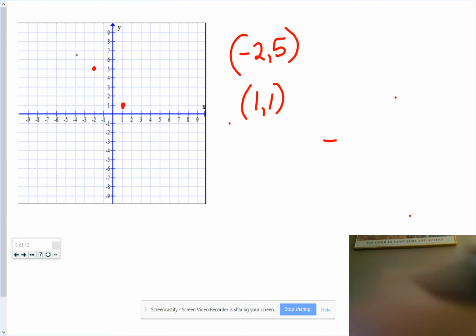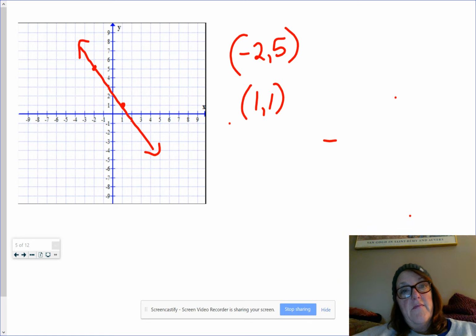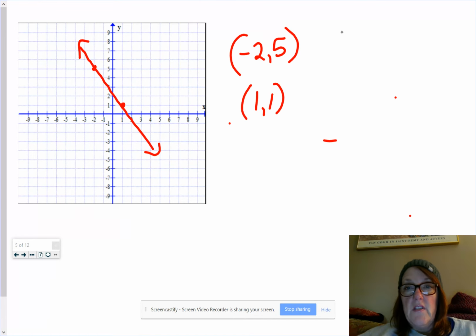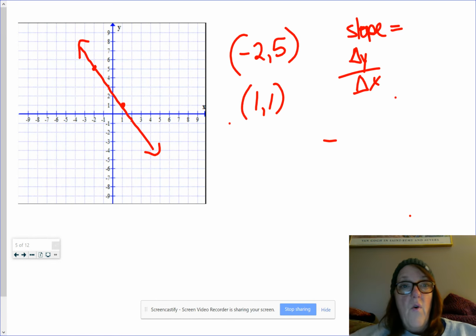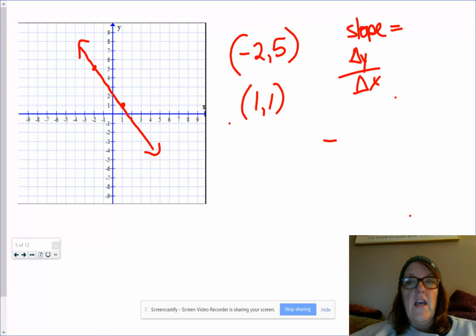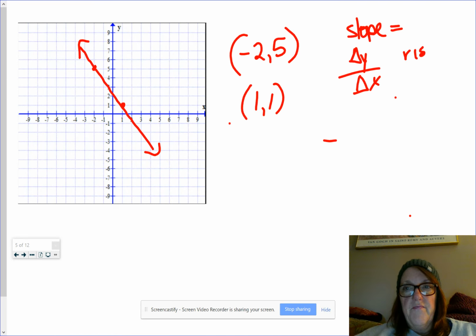Okay? Connect these guys. All right. I want to find the slope of this line. The slope is equal to the change in the y value over the change in the x value. Or you could think of it as rise over run.